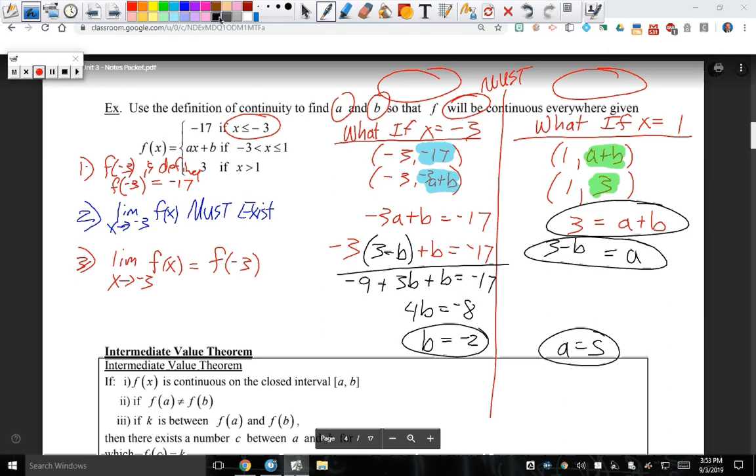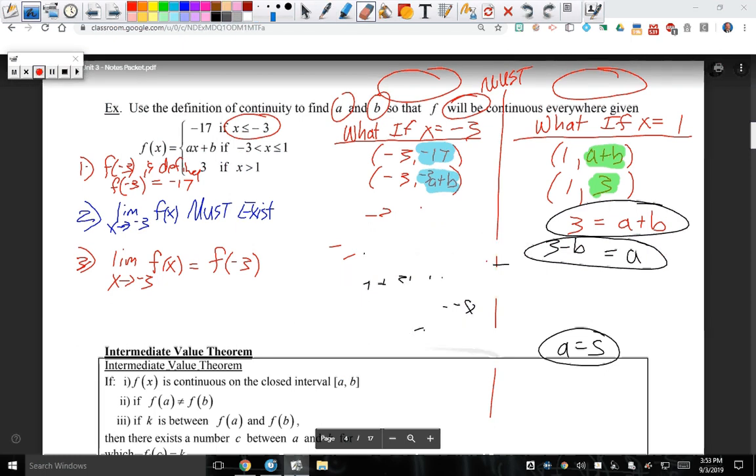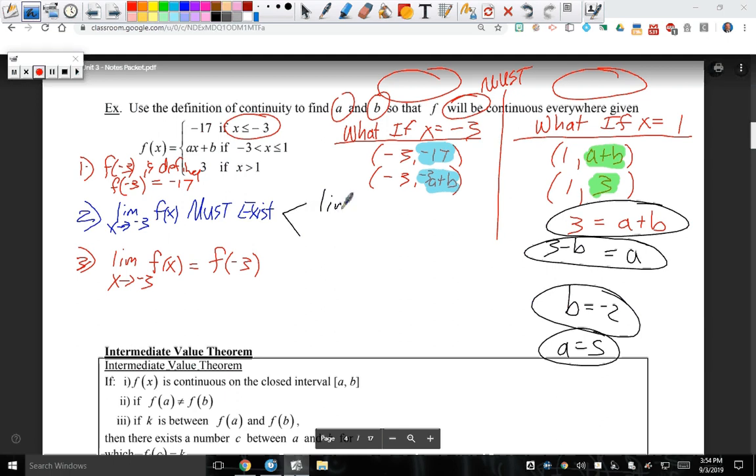And yes, you guessed it. That means we're going to break this up now into two separate parts, and we're going to have to show that work. B was what again? Negative 2? Okay. So b is negative 2. Alright, so breaking it up, the limit of f of x as x approaches negative 3 from the left.